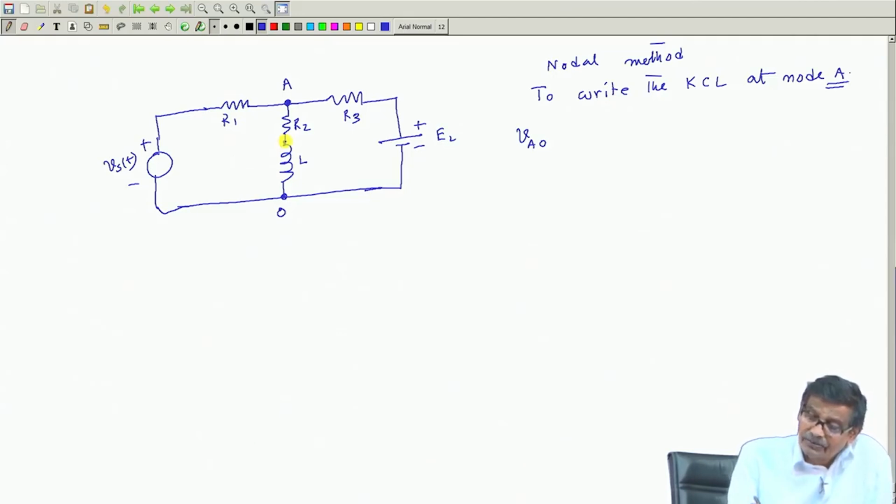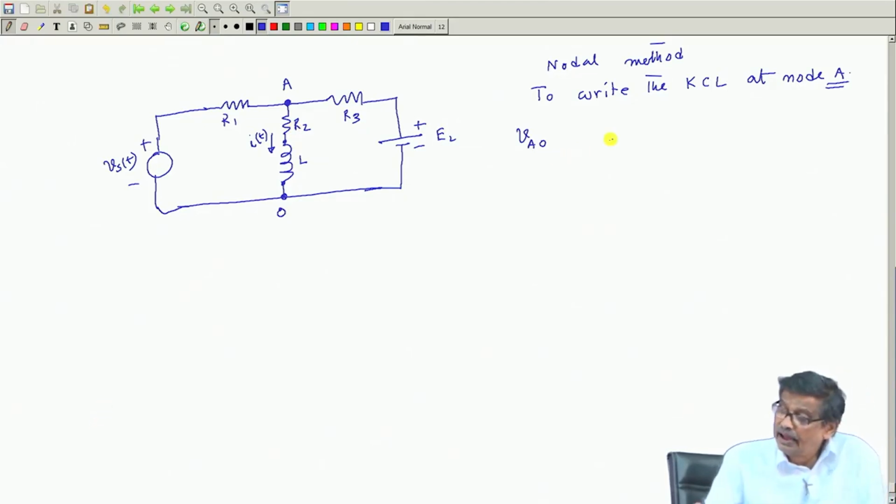But here an inductor is now present, not only R2, there is an inductance. Suppose I say that this current is IT, because I am not sure whether I will write like 1 by R1 plus 1 by R2 etc. So, KCL at node A, let VAO be the voltage, then the current flowing from right to left in this branch will be (VAO minus VST) divided by R1.